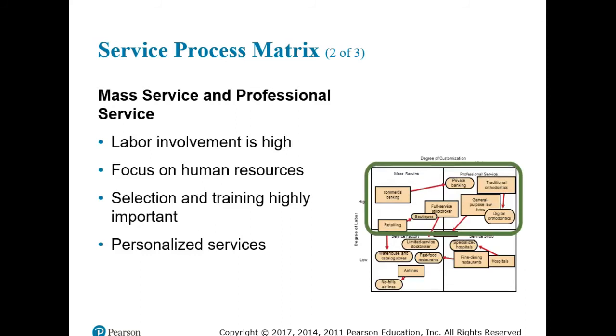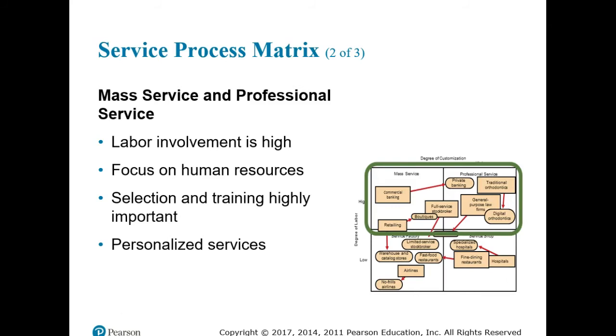Now, in the upper sections of mass service and professional service, where labor content is high, we expect the manager to focus extensively on human resources, and this is often done with personalized services requiring the high labor involvement and therefore significant personnel selection and training issues.